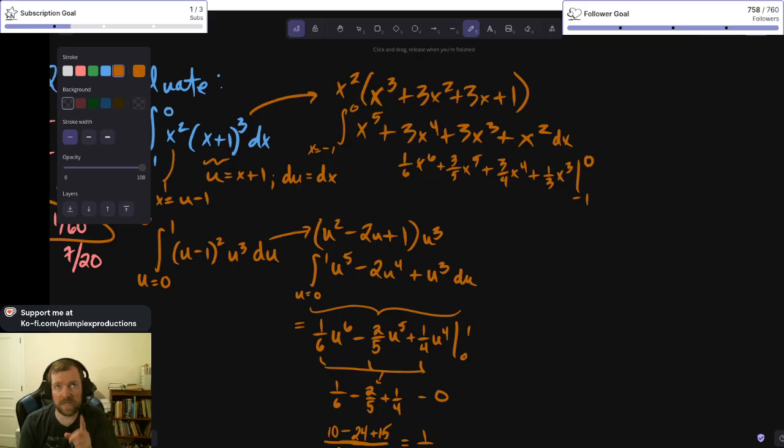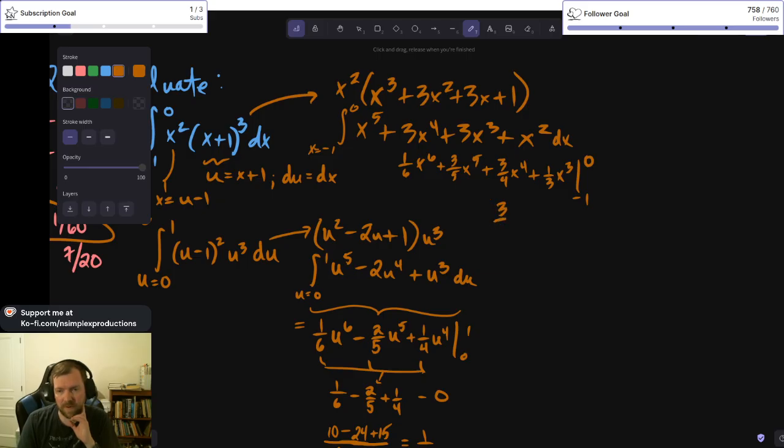So all of the evens would become negative, and all of the odds would actually become positive because we would also be subtracting all the terms with a negative number going into an odd power.